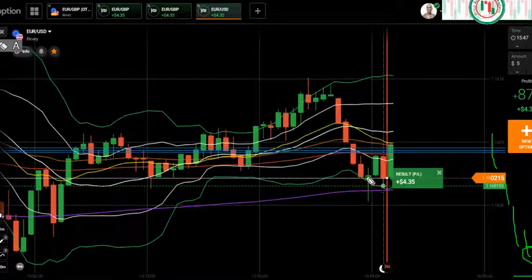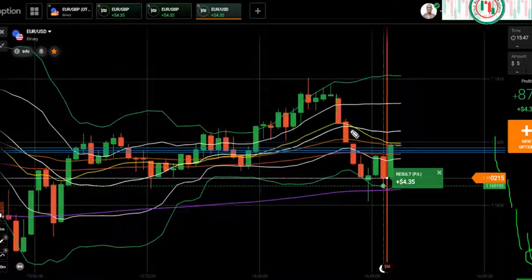So you have to be very careful if you see momentum, even though we are in a ranging market, you see flat EMAs, flat Bollinger. So anytime, maybe if you see a reversal pattern, the market may reverse. Because of this momentum, and we break all the EMAs, you see, breakout.